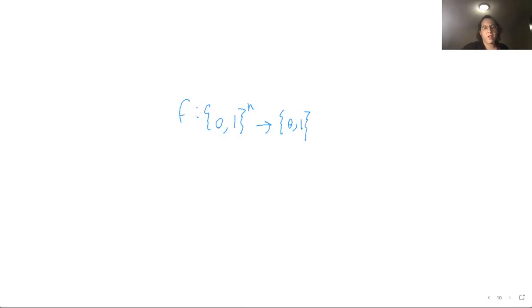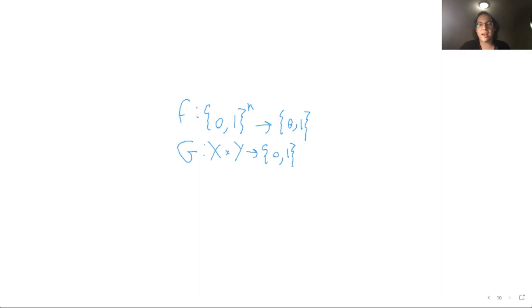Suppose we have a query function, and what we want to do is turn it into a communication function with similar properties. So what we will do is pick some communication function G. Often G will be a pretty small one.